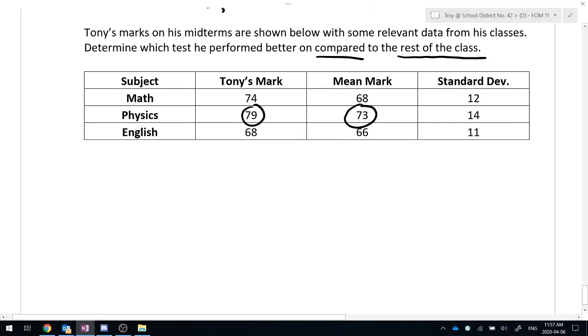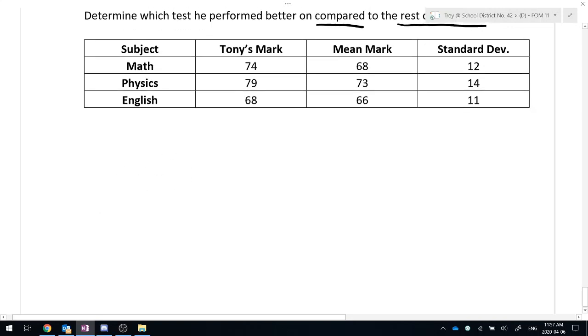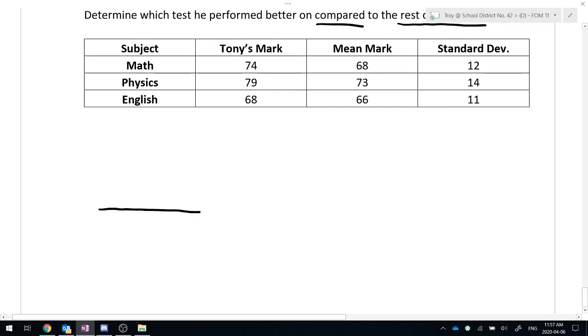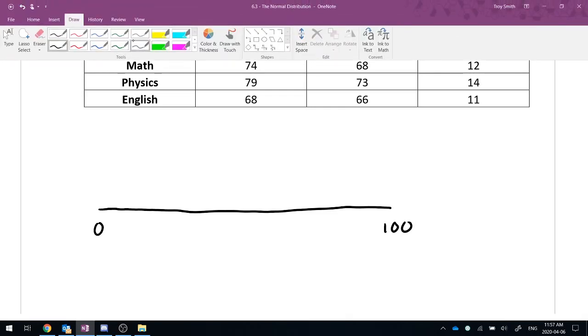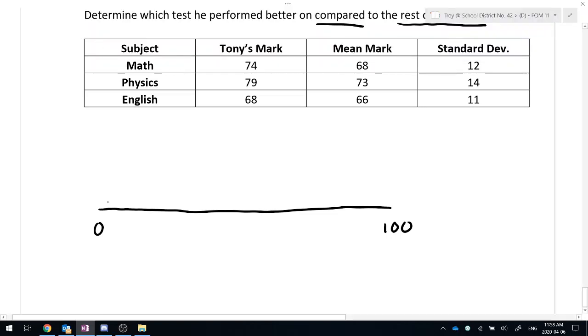So essentially what we're asking here is, if we have our standard curve, right? Actually, maybe I'll draw it this way. It's probably better if I draw it this way. I'll make it really big. So this would be like a mark of 0, and this would be a mark of 100. Assuming all of these classes have evenly distributed marks, right?